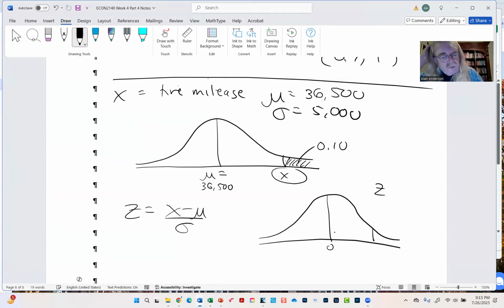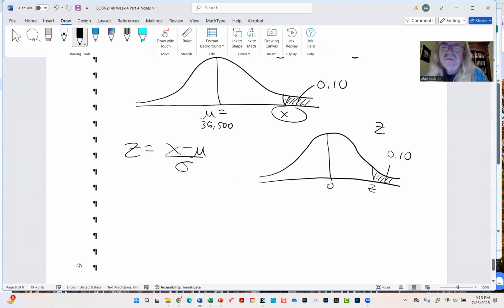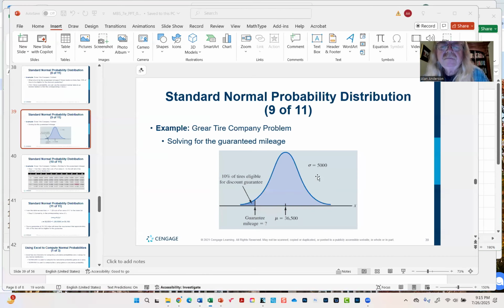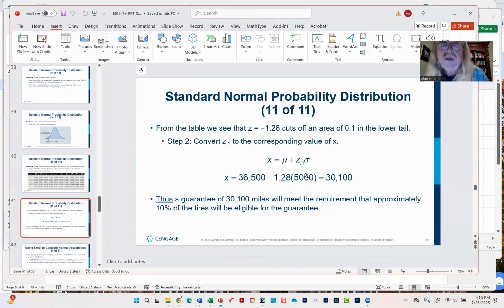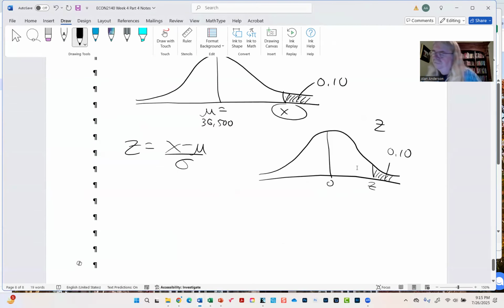And then whatever point we're looking for, it represents 10% of the distribution. So their recommendation is to do this. We're going to take that formula we had a few minutes ago. We're going to rearrange it algebraically to solve for X.